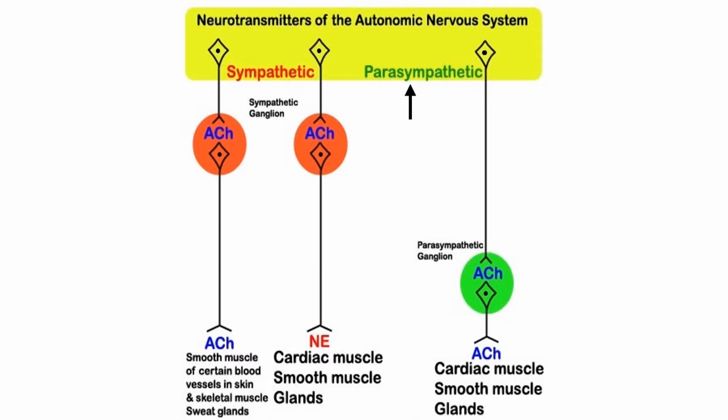And then when you switch to your right, you can see that it is the opposite. The axon of the first neuron is going to be a long one. Then the axon will meet a ganglion near the target organ, and the axon of this ganglion is going to be short. So both systems are two neuron systems, but they are different.